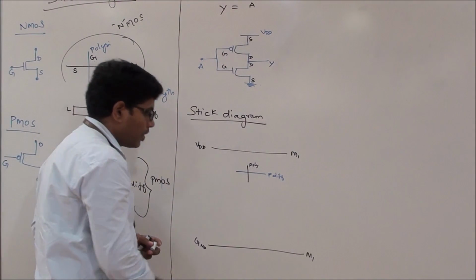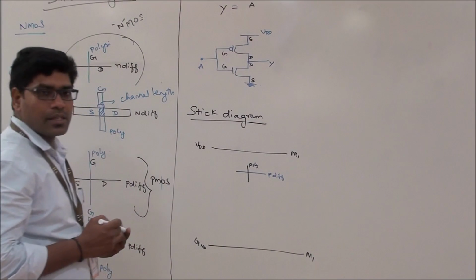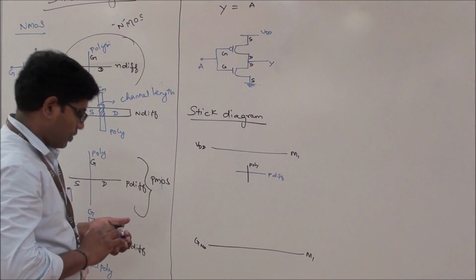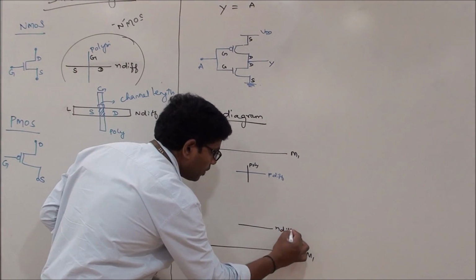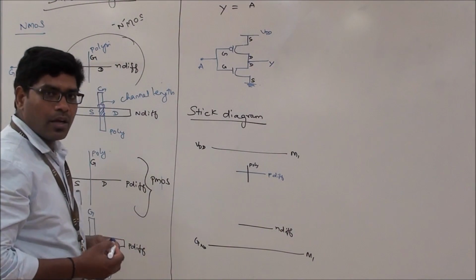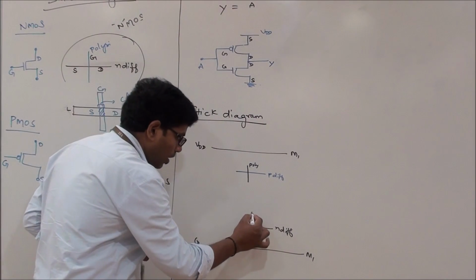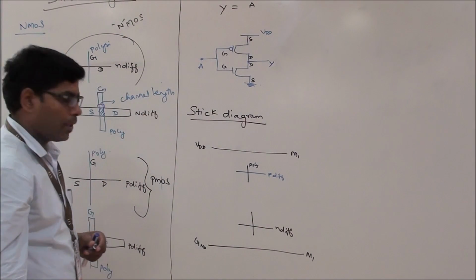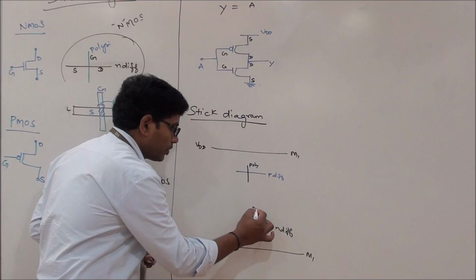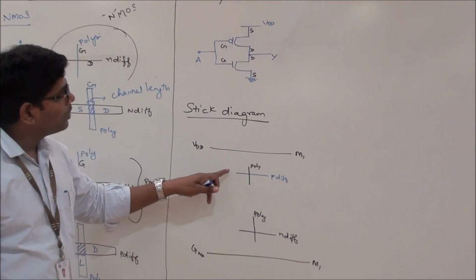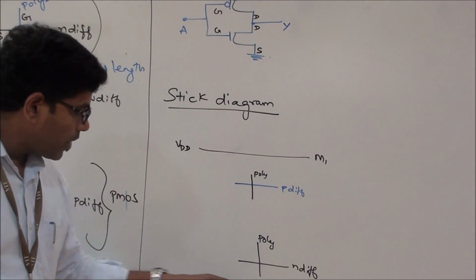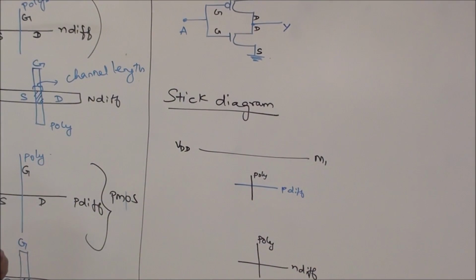Similarly, for my NMOS, you have one N diffusion, and on top of that you have a poly. So this is my poly. This will culminate to a PMOS, and this will give me an NMOS.